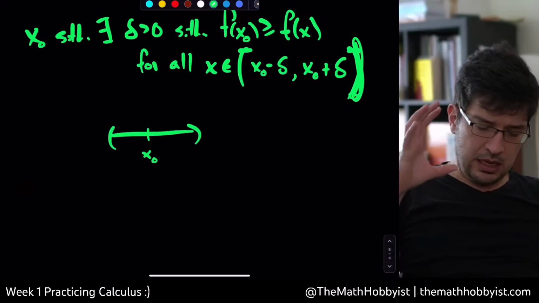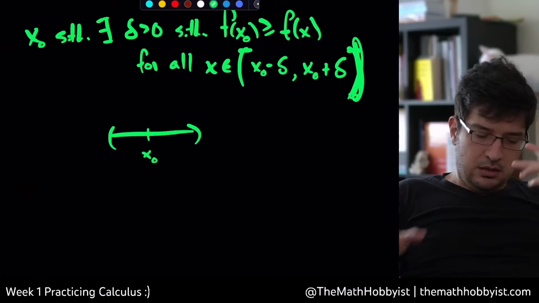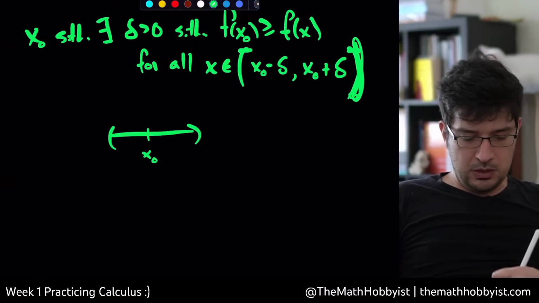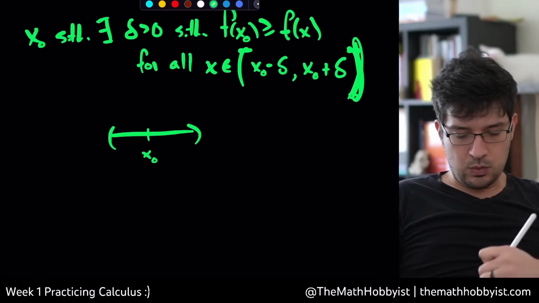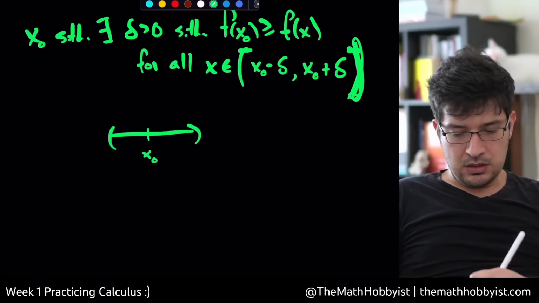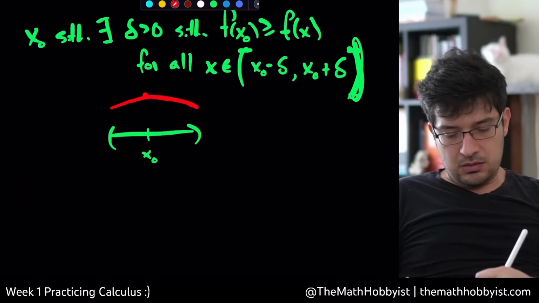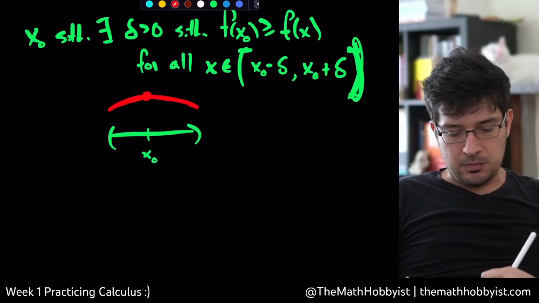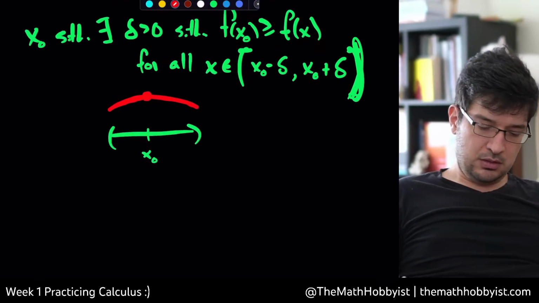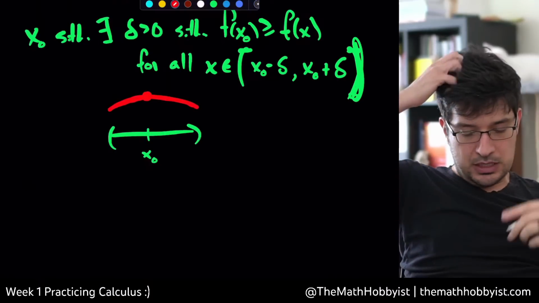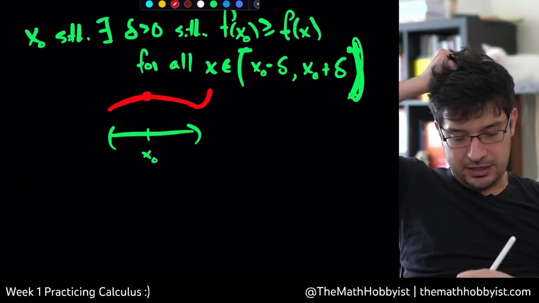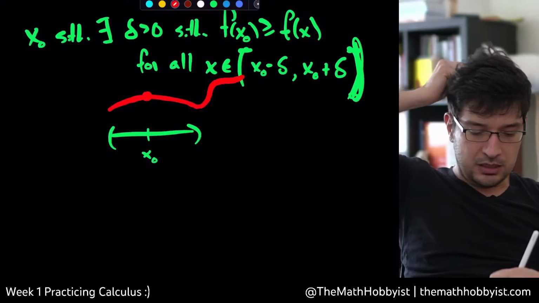There needs to be some space around that point where the function is at a maximum for some neighborhood around it, even if later on the function gets bigger.